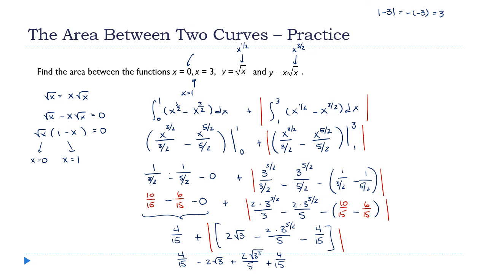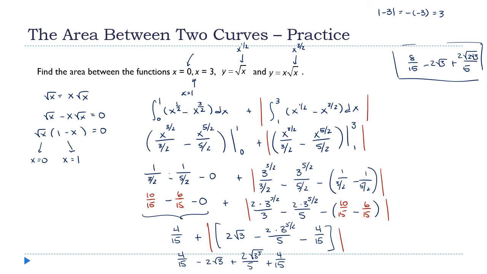I'm going to jump way up here for the final answer. That's 8 15ths minus 2 times the square root of 3 plus 2 times the square root of 3 to the 5th. That's 243 over 5. And that's it. That's my final answer.